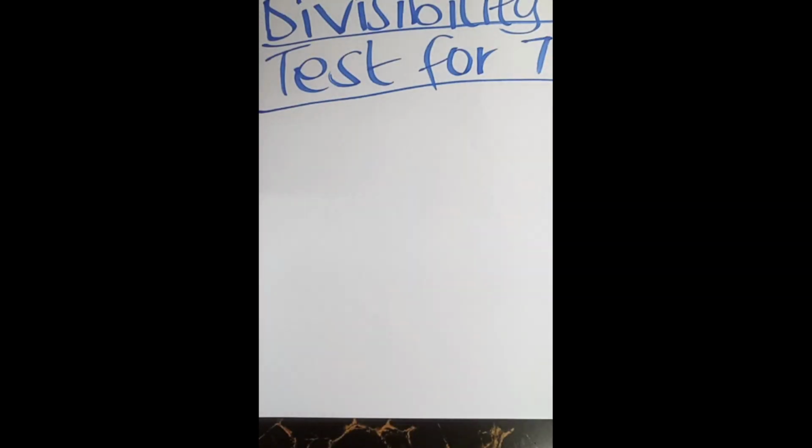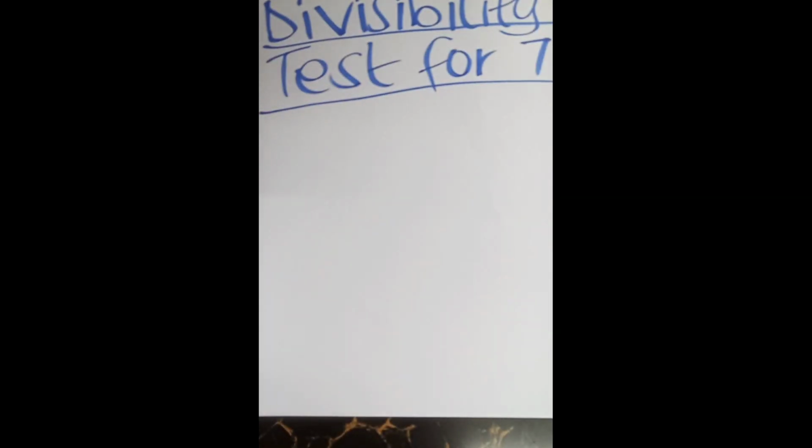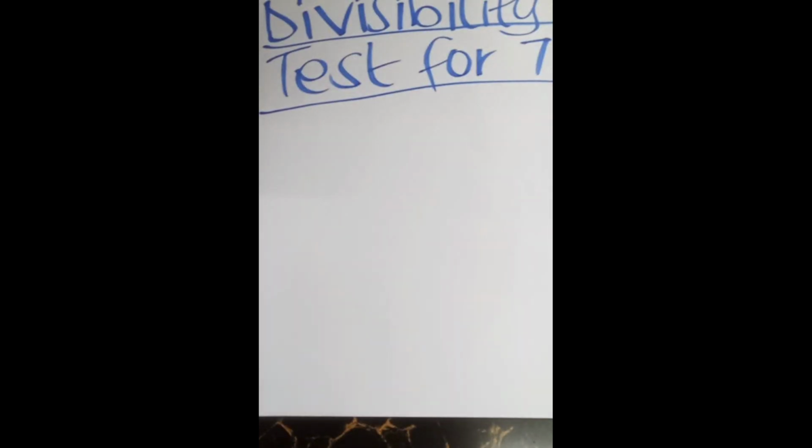The first thing you need to do if you want to know that a number is divisible by 7 is to first multiply the digit in the ones place of that number by 2, okay? Then after that, you need to subtract twice the last digit from the remaining digits, that is the digits that you haven't touched, okay?